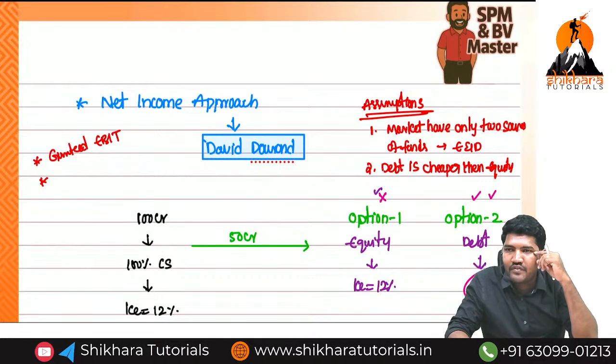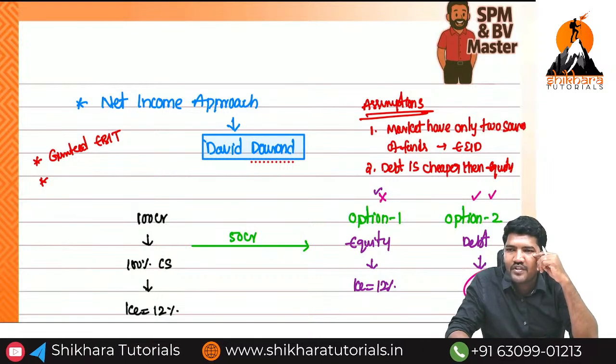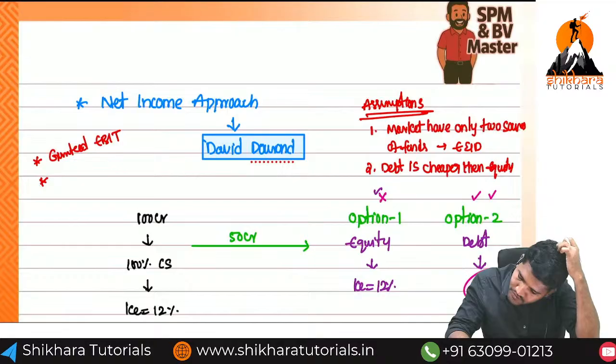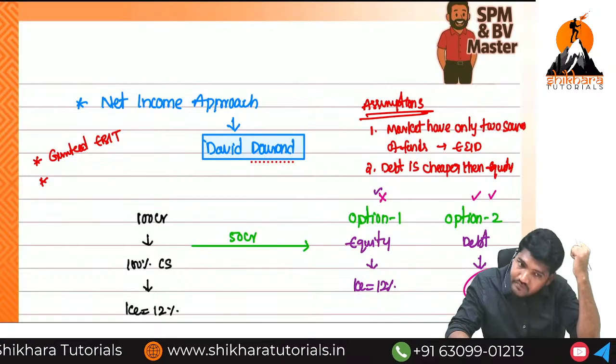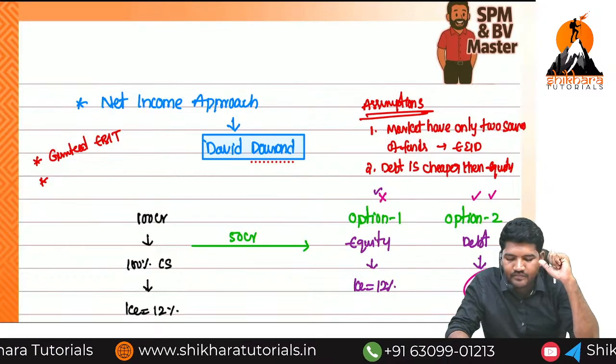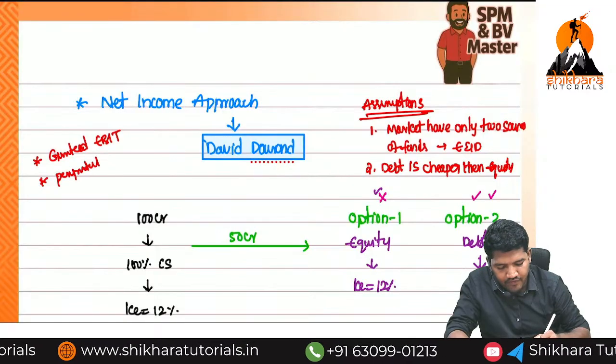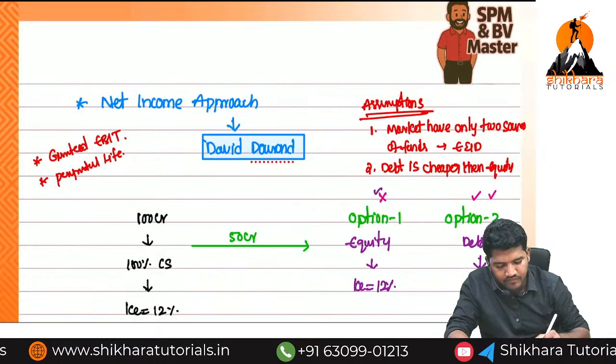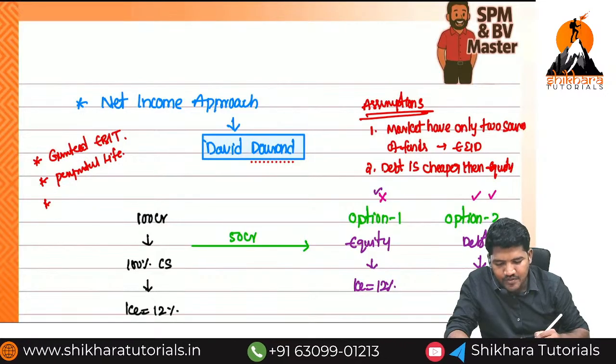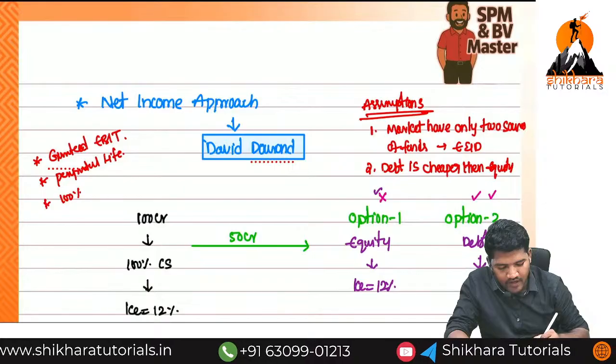Next point, perpetual life. It's a common thing. And the next assumption, companies follow a 100% payout ratio.